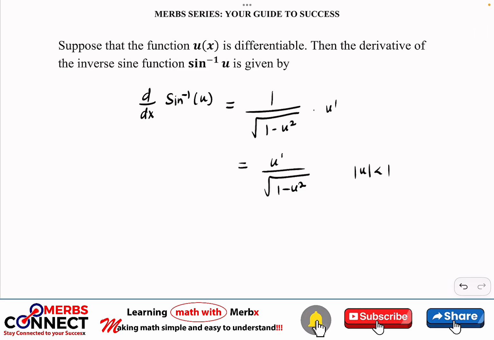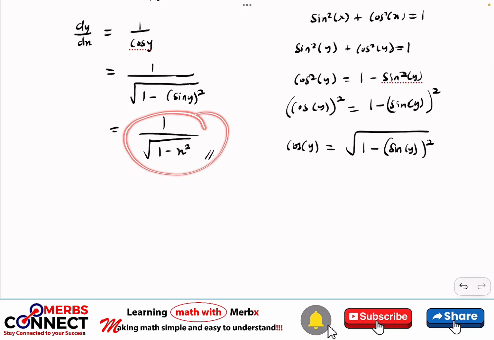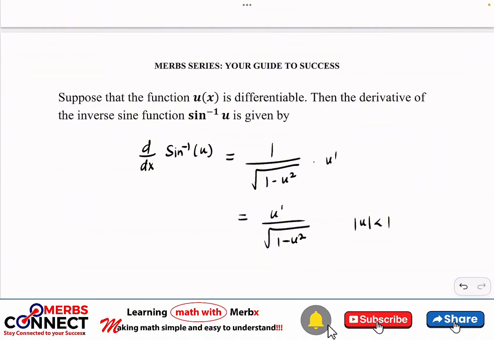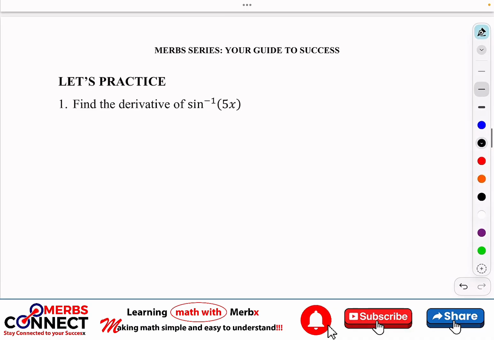So this is the generalized way of learning this. It's good to know that when I differentiate sine inverse of x, we are just getting what is here, but make sure you know the generalized one so that you can choose your u and solve it, and it becomes very fast for you. Let us practice so that I'll show you the skills. Looking at this, we want to take the derivative of this, right? First I'll write this one down. That's what I do when I'm learning.